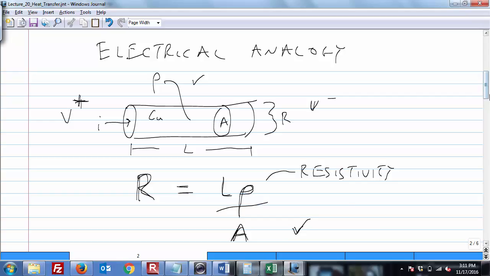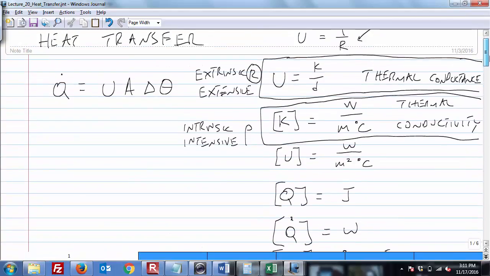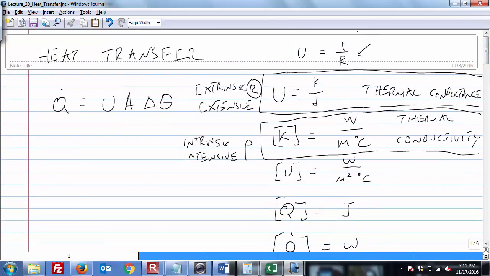So the analogy here for heat loss, we know that the R value is inversely proportional to what's called the thermal conductance, and that's basically what we did there. K is the thermal conductivity, and you can think of that like the resistivity.